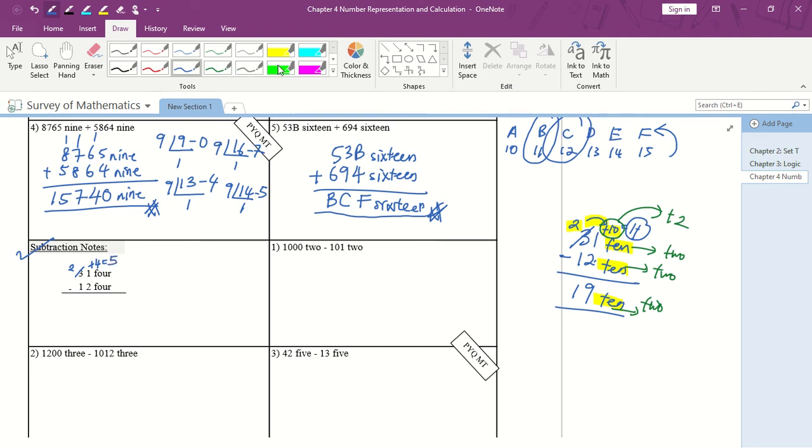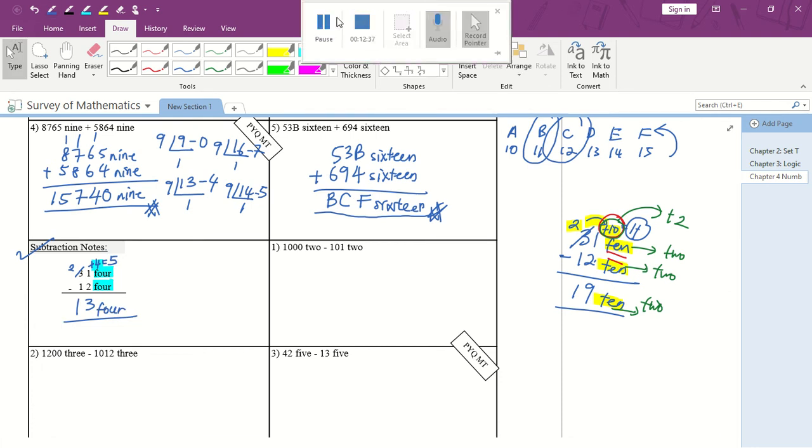Again, because this is base 4, that's why this is plus 4. If it is base 10, like the question here, it will plus 10. So here, 5 minus 2 will become 3, and 2 minus 1 will become 1. And of course, this is base 4. And that is how it is.